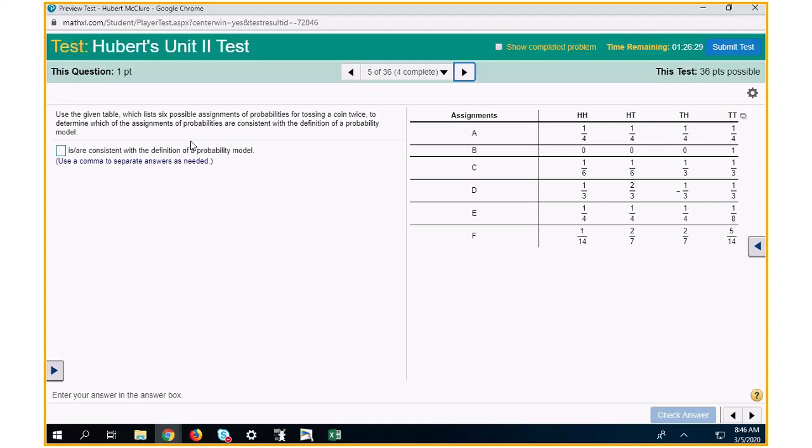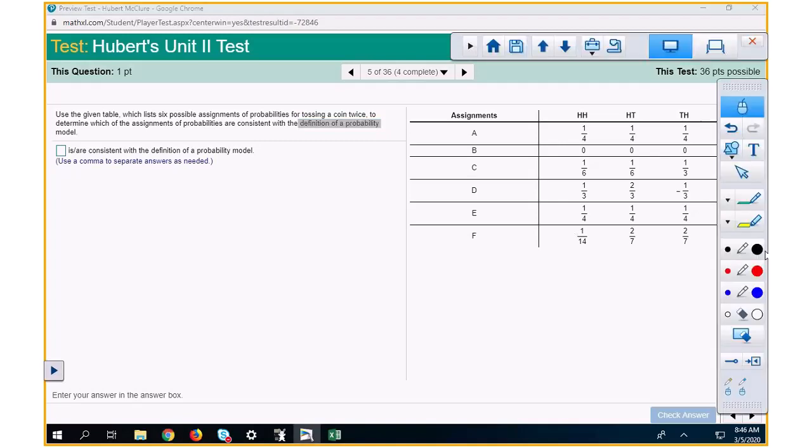Use the given table, which lists 6 possible assignments of probabilities for tossing a coin, to determine which of the assignments of probability are consistent with the definition of a probability model. Definition of probability. So 1/4 plus 1/4 plus 1/4 plus 1/4 is what? 1.